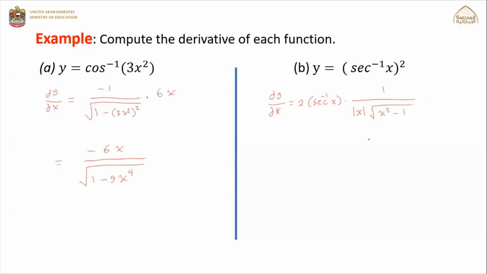Because as we see in the previous slide, the derivative of secant inverse x, it's 1 over absolute x times radical x squared minus 1. So the final result is 2 secant inverse x over absolute x radical x squared minus 1.